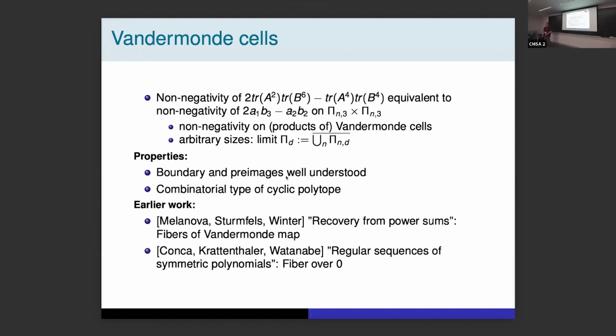But there's also earlier work that looked at those power sum maps or their images. The first one I pointed out here is this work called Recovery from Power Sums by Anna Seigal, Bernd Sturmfels, and Rosa Winter. Essentially, what they look at are fibers of this map.